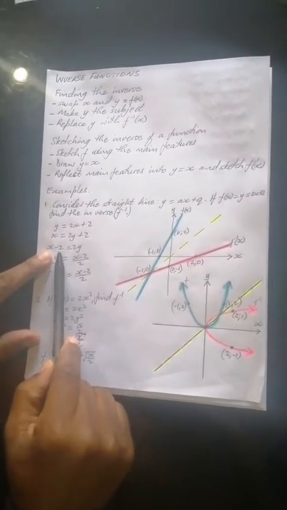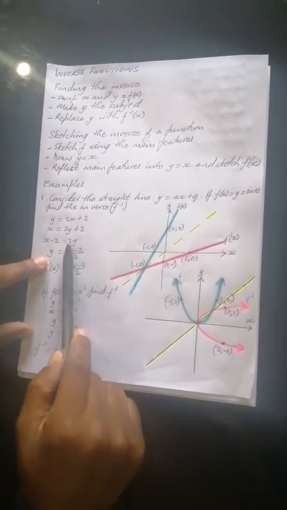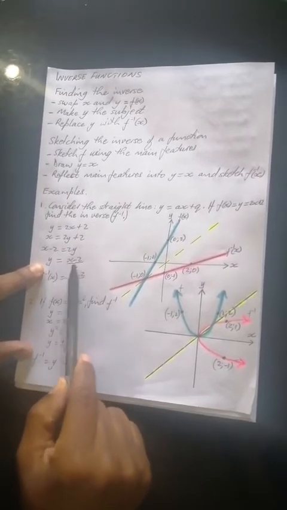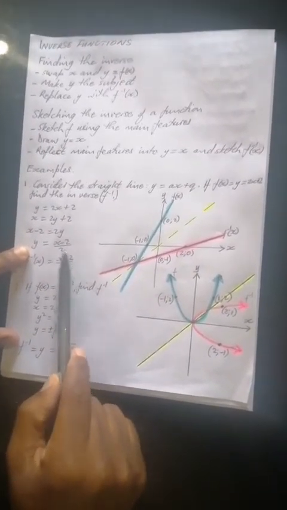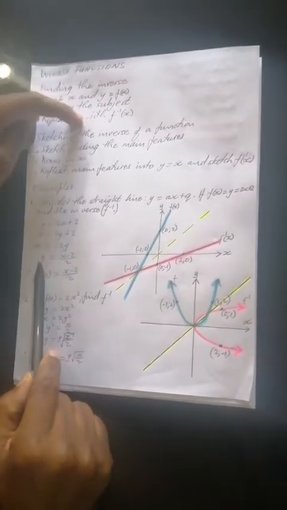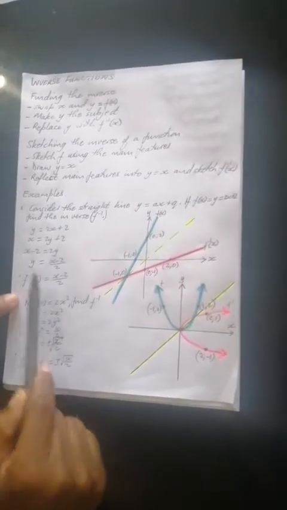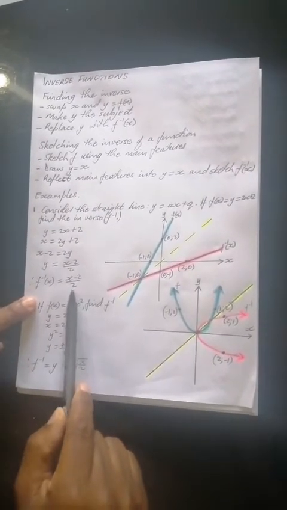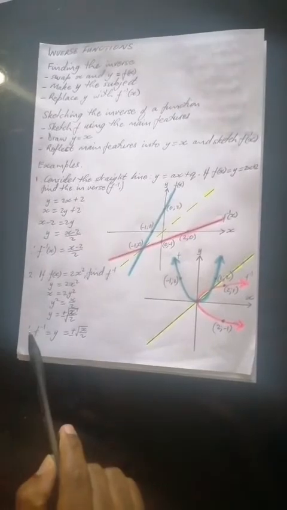It becomes negative. Then dividing both sides by 2, we shall have y is equal to x minus 2 all over 2. Then the rule says replace y with f inverse of x. So f inverse of x is equal to x minus 2 all over 2.